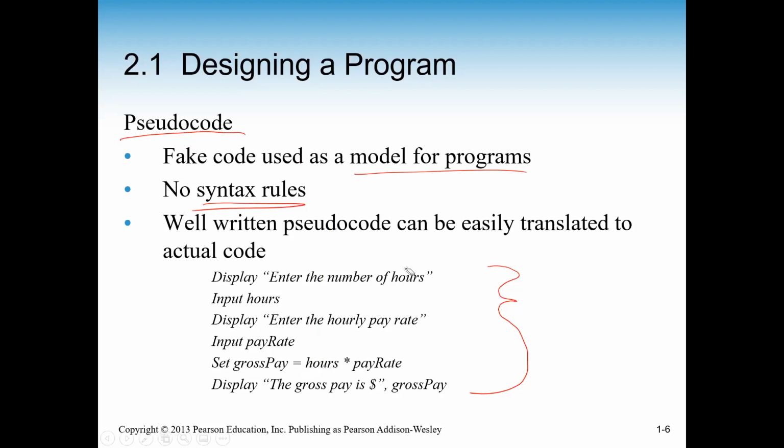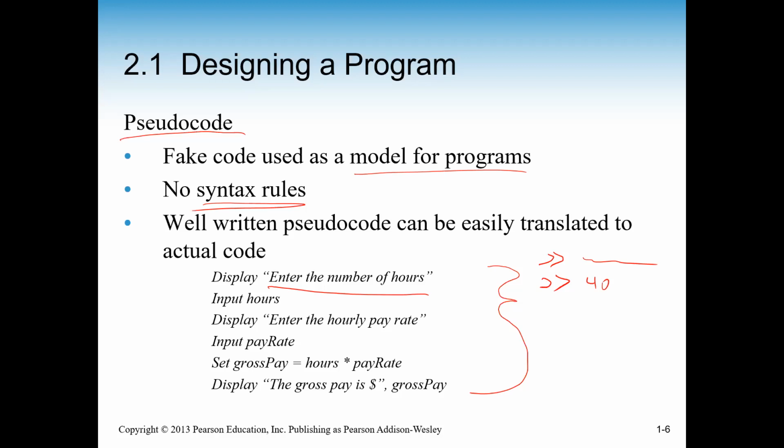So imagine this program. The first thing it does is display on the terminal, enter the number of hours. So you get that message, enter the number of hours. Then the prompt is going to wait for you to type something, and you can say, okay, 40 hours a week or something.